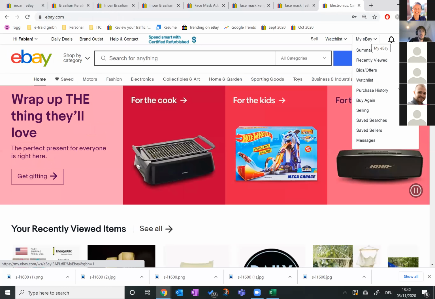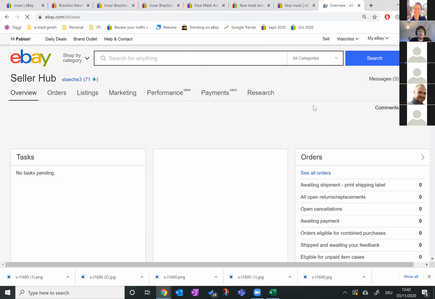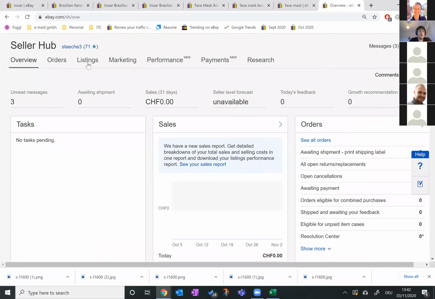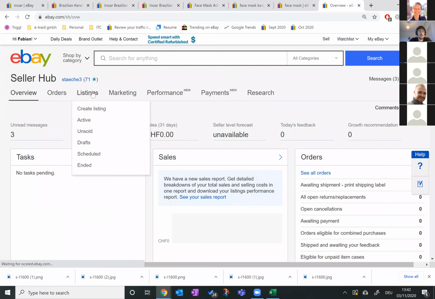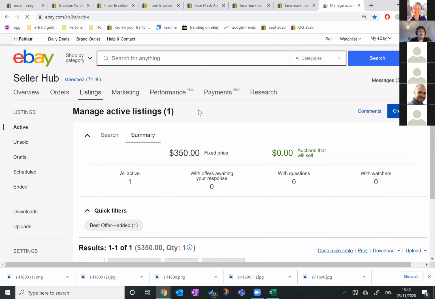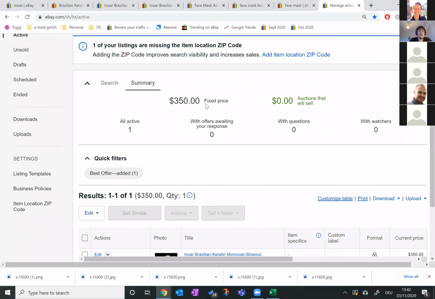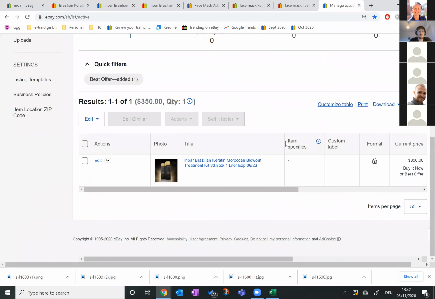Okay. So I'm in my eBay account. I'm going into the selling section, and I want to look at my listings that I have. This is my seller hub, and I myself have listed this beauty treatment product.